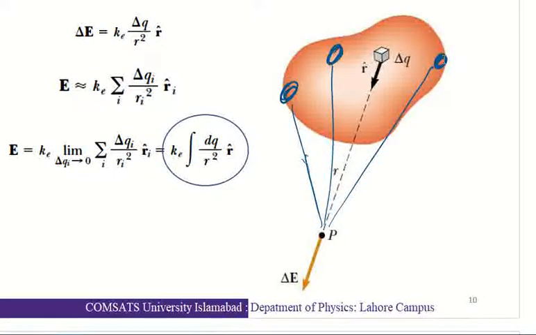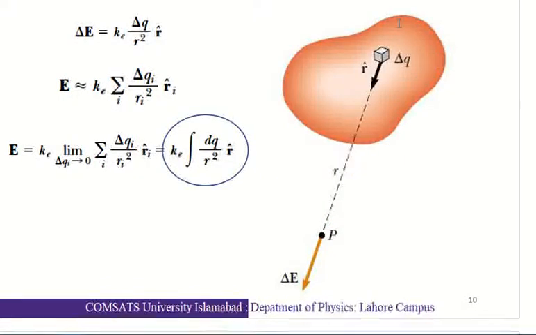So the first thing that we do, we divide this whole complete charge into some volume charge elements or surface charge elements. It depends on whether we have a volume of charge or a surface of charge. So we divide the charges into equal volume elements or equal area elements.